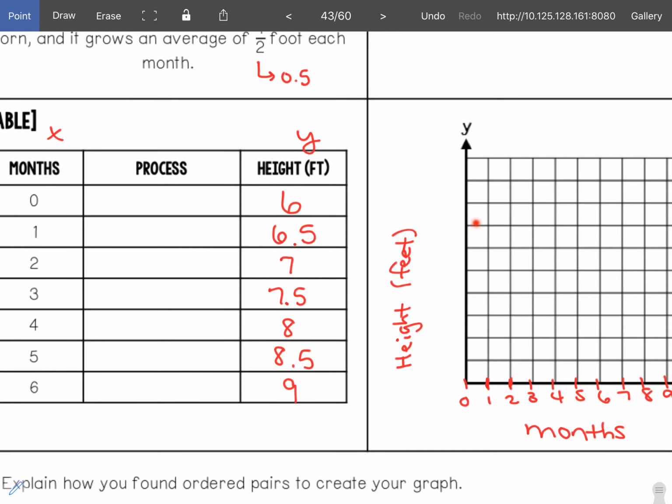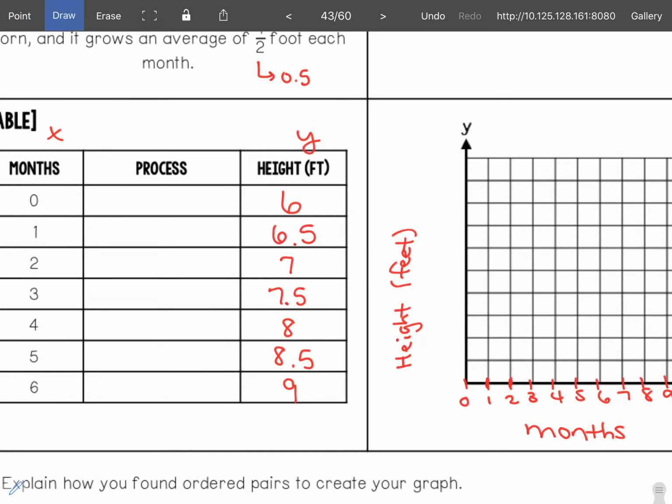We need to be able to get up to 9 feet, whatever we count by. I think we could count by 1s and get all the way up to 10, which would be plenty of room. I know we've got some 0.5s, but that just means halfway. Between 1 and 2 could be the 1.5.